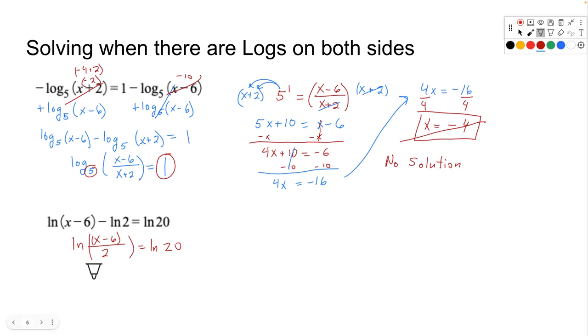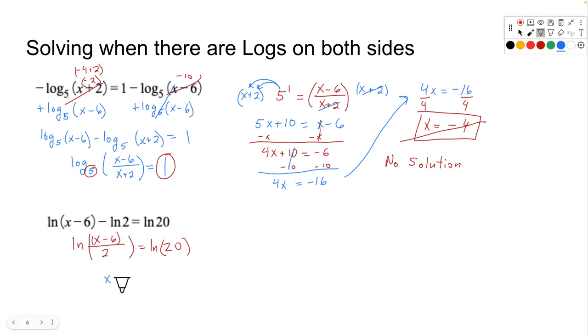Now we can use another property. We don't have to, we could bring this over, subtract it over and combine it again. But we can also use the property that when a natural log equals a natural log, since they are one-to-one functions, natural logarithms in general are all one-to-one functions. And so what that means is if the outputs are equal, that's what's happening here, then the inputs are equal.